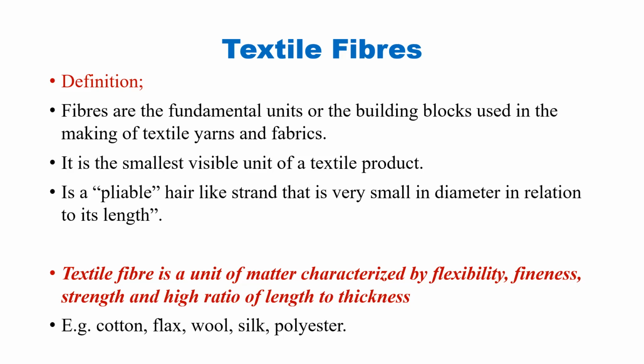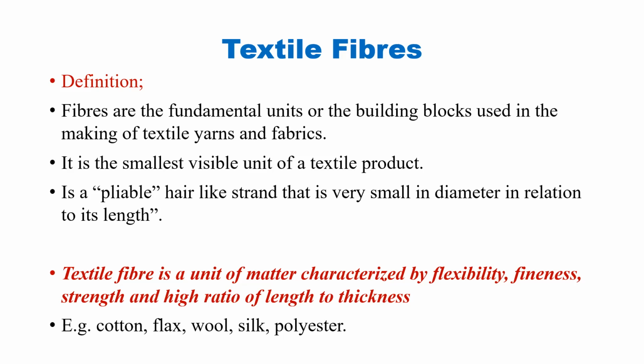So with all this, we can simply say that textile fiber is a unit of matter characterized by flexibility, fineness, strength, and high ratio of length to thickness. That is the perfect definition of a textile fiber.